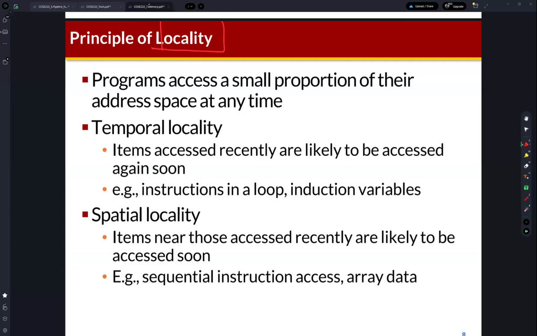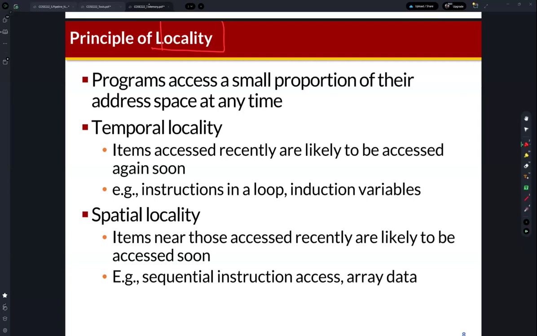If we use a certain data frequently, and we locate this data in the fast memory, the memory size is small, but the performance is high. So we can increase the performance, right?